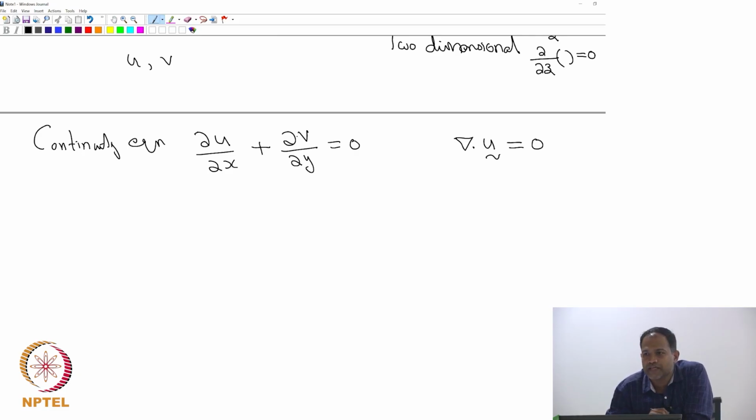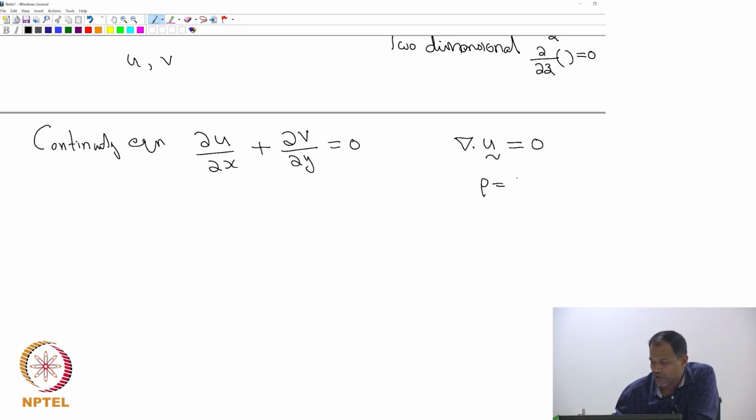Okay, so that day somebody interpreted divergence as a net flux of something through. So the fact that there is no net flux is what is giving rise to divergence of u being 0.